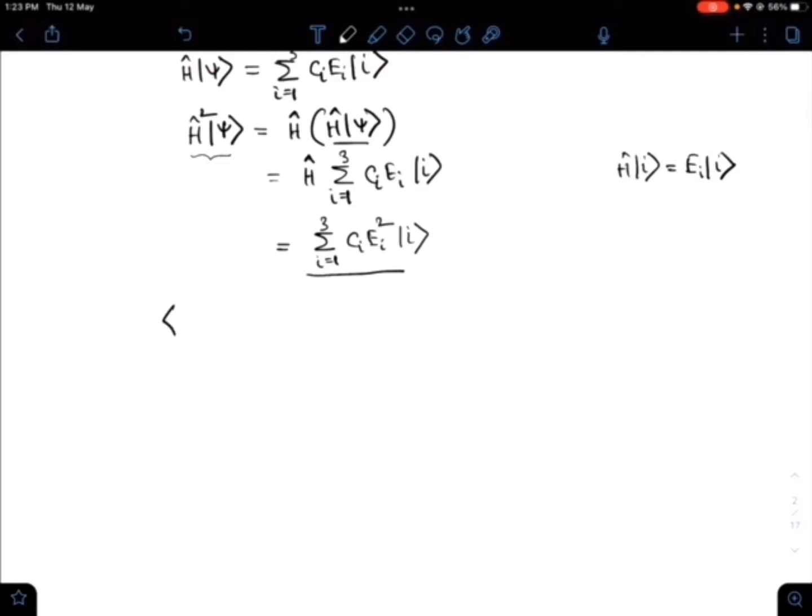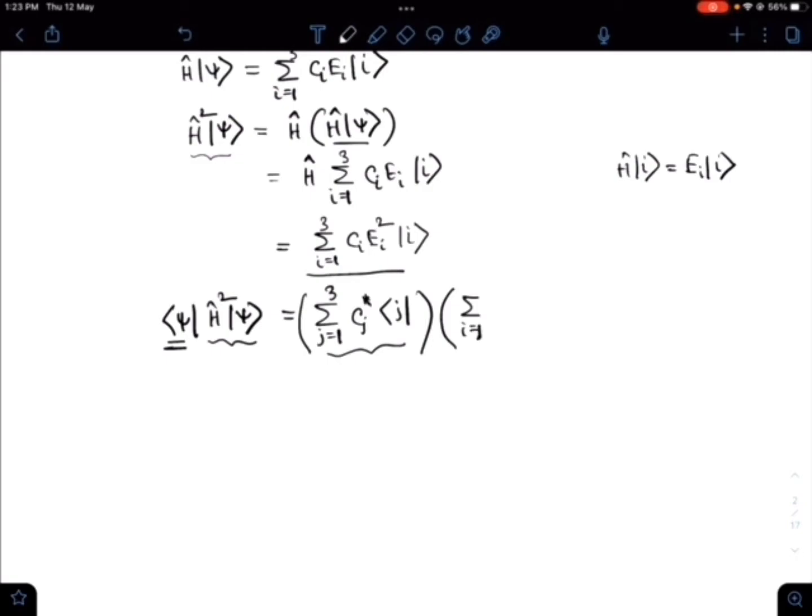If I again apply the bra, then we will get the sum over j of Cj* <j|. This corresponds to our <psi|, and we have our H^2|psi> as the sum over i of Ci Ei^2 |i>.